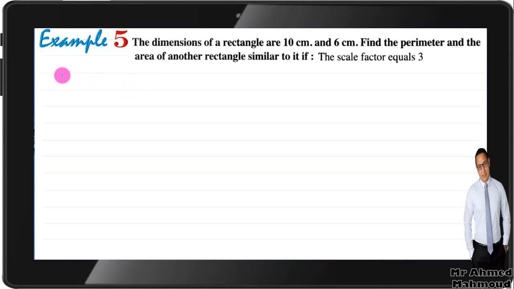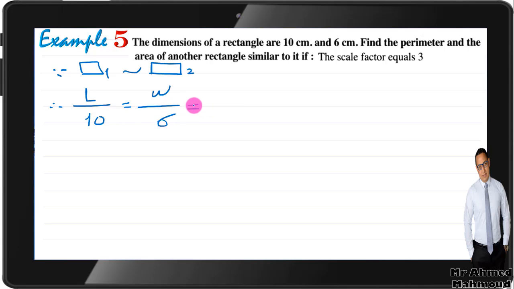Since rectangle 1 is similar to rectangle 2, therefore L, the unknown, over 10 equals width, the unknown, over 6 equals 3. 3 here is the scale factor.